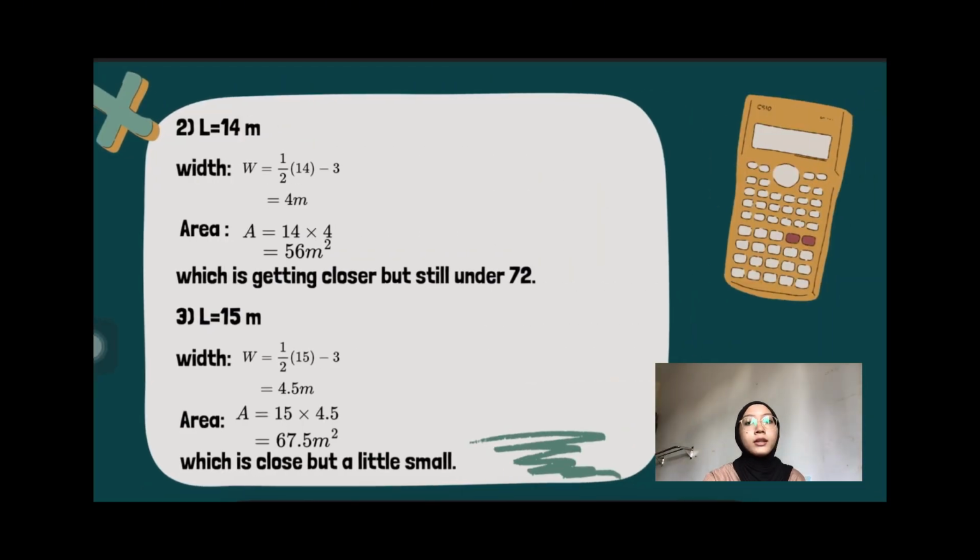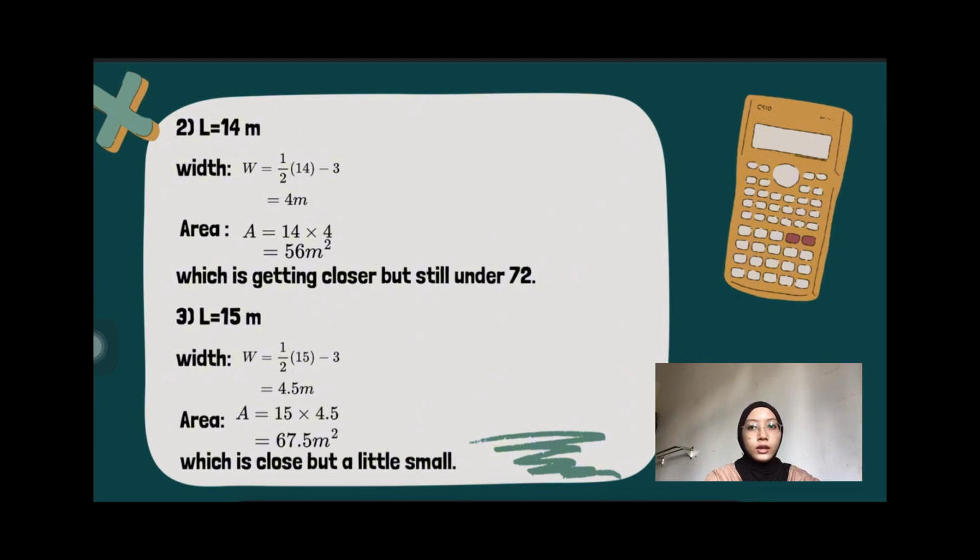So, let's make the second guess. Let's guess length equals 14 meters. When the length is 14 meters, the width is 4 meters. And the area, 14 times 4, equals 56 square meters, which is getting closer but still under 72 square meters. Then we need to make another guess.